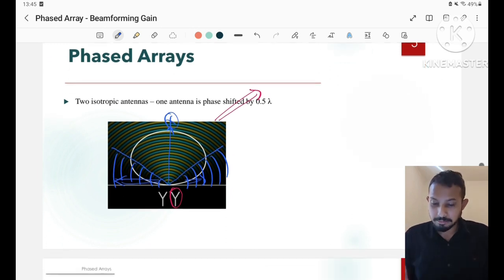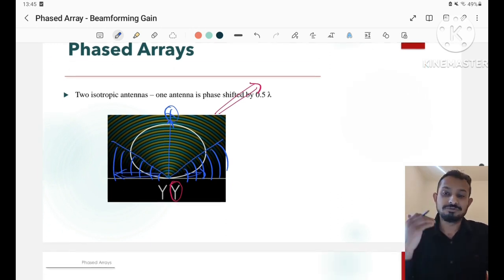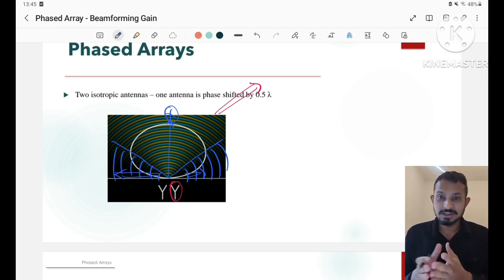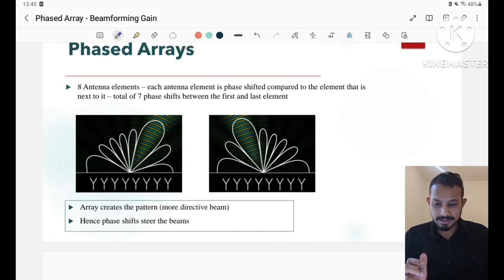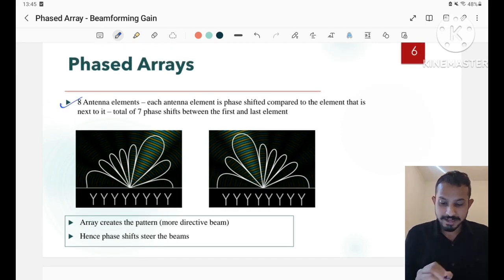Similarly, by delaying the signal and changing the phase shift of the signal, we can steer the beam to a particular direction with appropriate phase shifts. This is how phase shifts steer the beam pattern. Now, here in this figure we have 8 antenna elements, and each element is phase shifted compared to the element next to it.